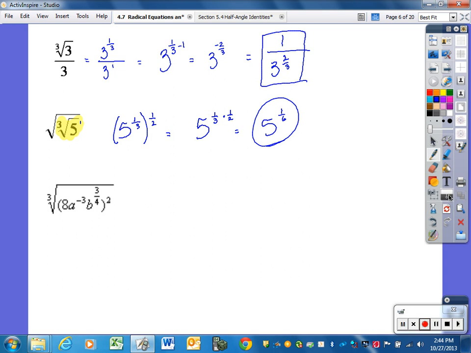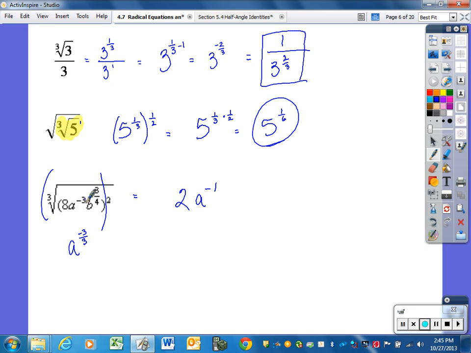And last but certainly not least, we do our radical first. Cube root 8 would be 2. Cube root of a to the negative 3, that would be a to the negative 3 divided by 3, a to the negative 1.